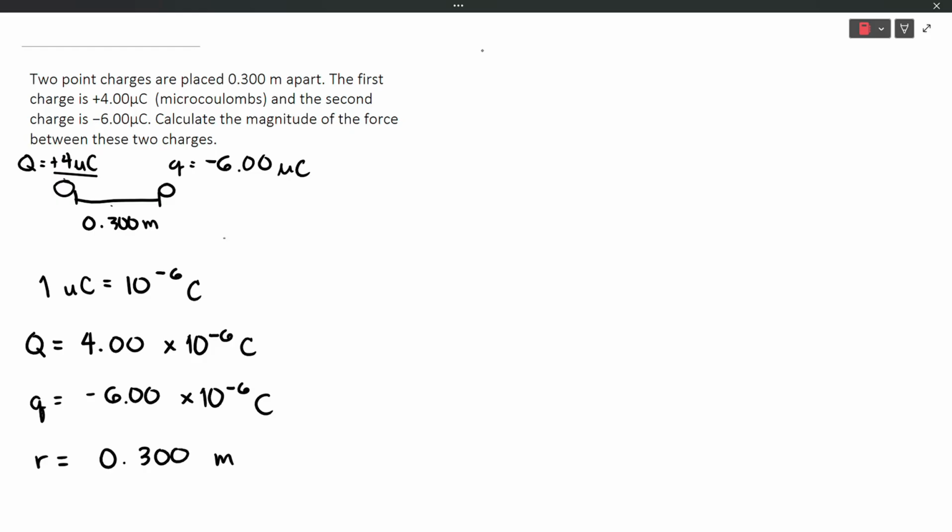Now I have the formula F is equal to k times Q q over r squared. Now let's substitute the values.